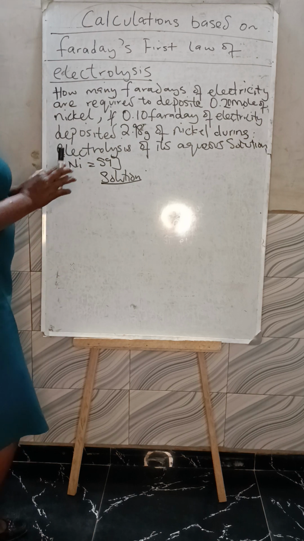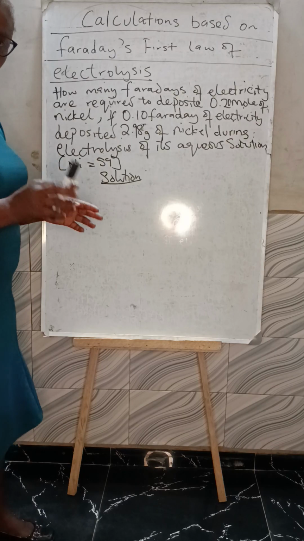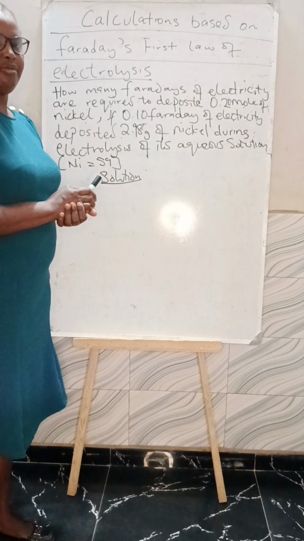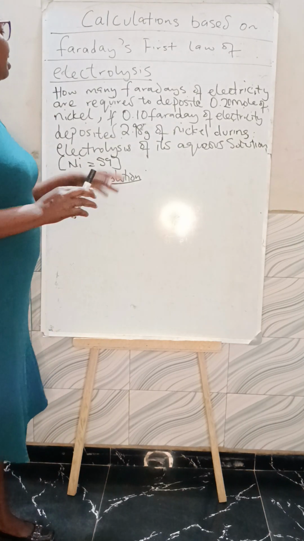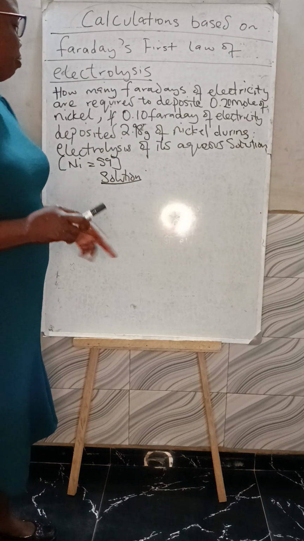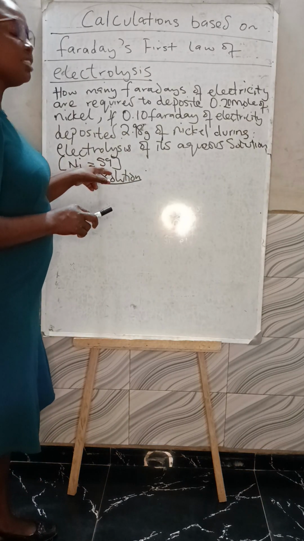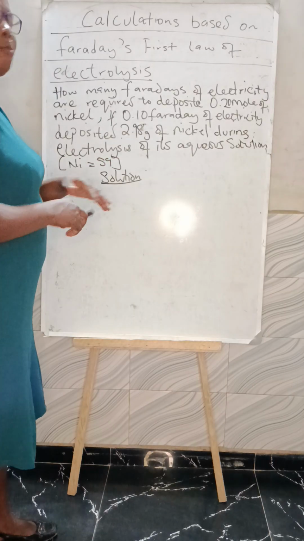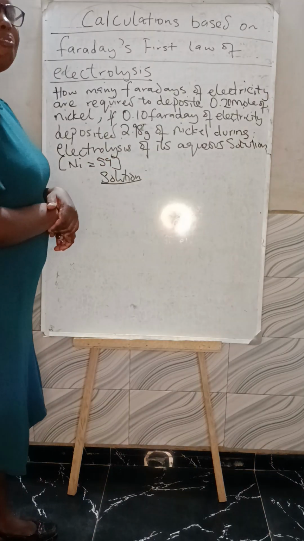Now, it looks somehow complicated, but it is not complicated. The only thing is that the mole was not given to us. But since the relative atomic mass is given, we can equate it to get our mole.